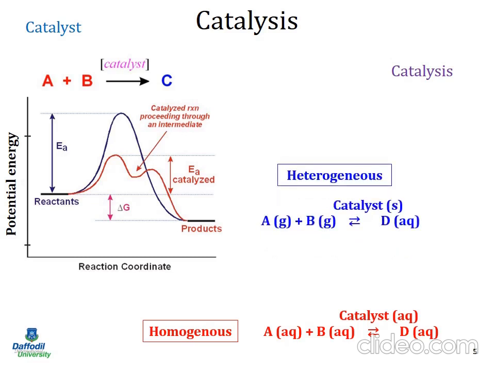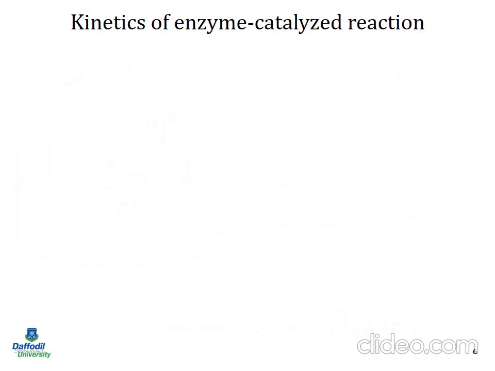But if we consider the heterogeneous one, you can see the reactants are in gaseous state, the catalyst in solid state, and the product in aqueous state. That means the states of the different partners of this reaction are different, so it is heterogeneous catalysis. If it is the same, then it is homogeneous catalysis.